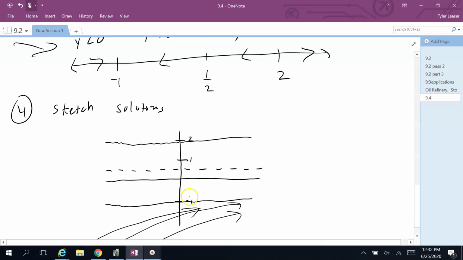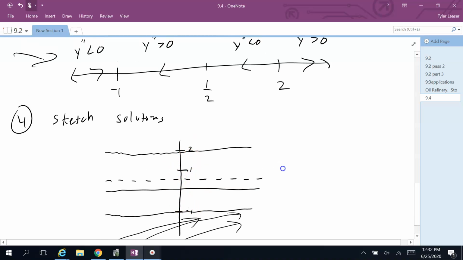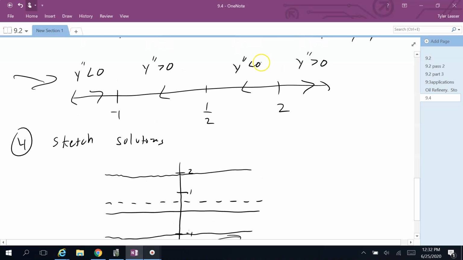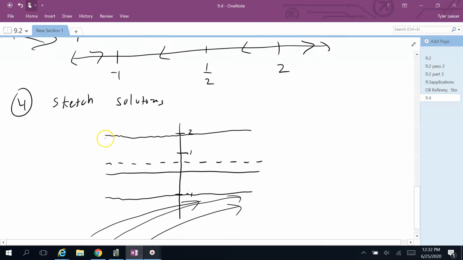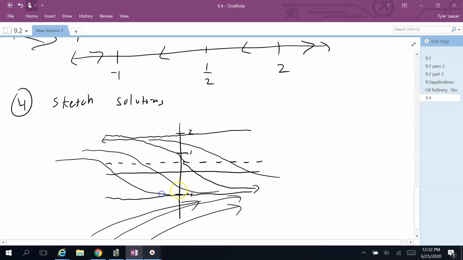So in between -1 and 2, I'm decreasing the entire time, but going from 2 down to -1, I'm concave down and then concave up. So the solutions are going to look like this. And then as soon as I hit that 1/2, I need to change to be concave up instead. So those are all possible solutions between -1 and 2.